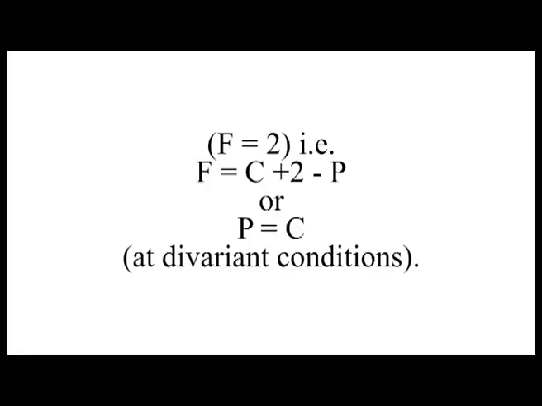He stated that in equilibrium state, the number of minerals or phases in a metamorphic rock equals the number of components, because natural rocks are normally subjected to divariant condition, that is F equal to 2, that is F equal to C plus 2 minus P, or P equal to C at divariant condition.